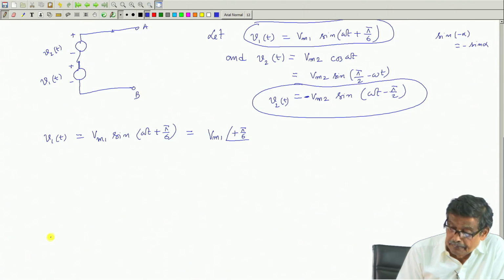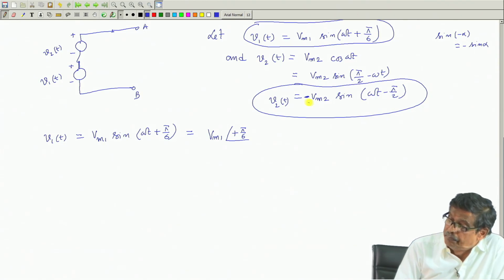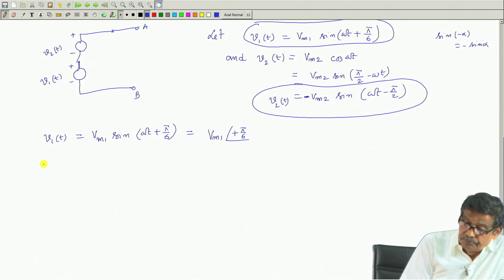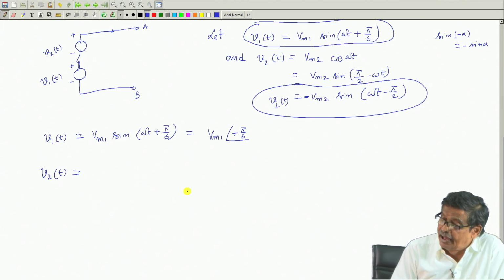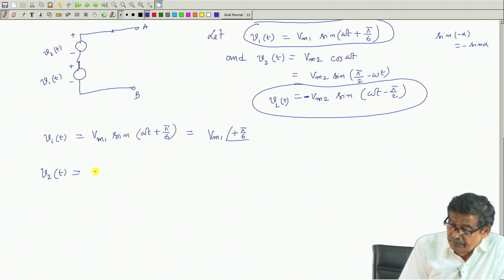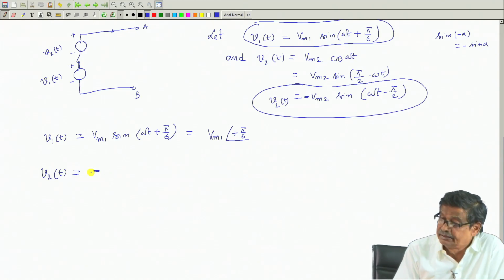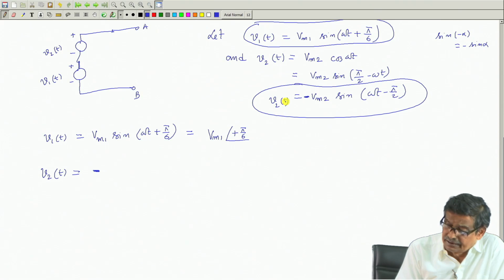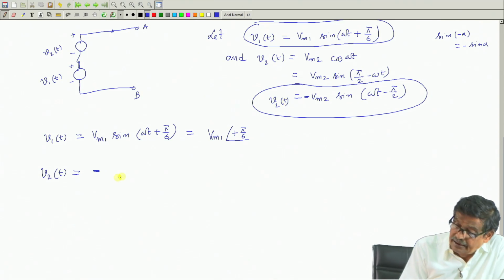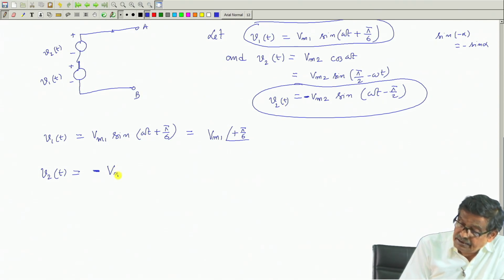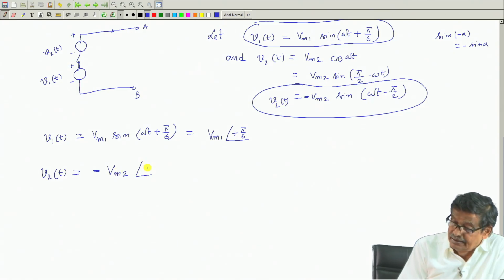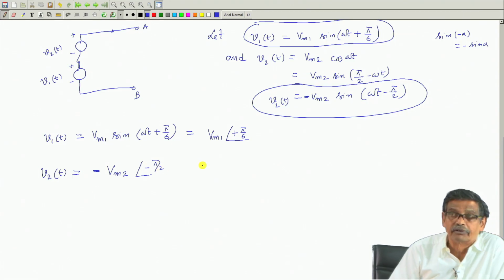Plus means leading. Now, V2(t) I am writing with a minus sign, so the minus sign I will keep, and its phasor is Vm2 with angle minus pi by 2, meaning e to the power of that.